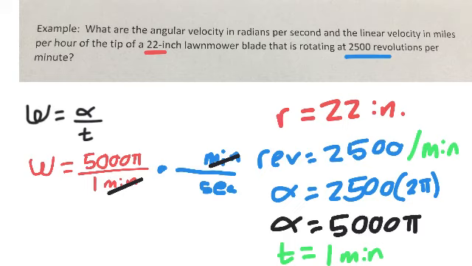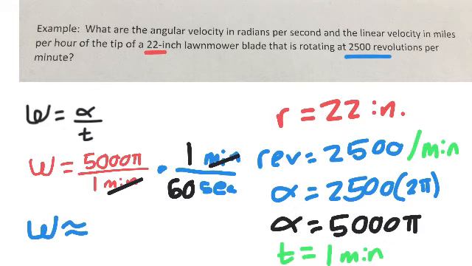Now we come up with our conversion rate. So in 1 minute, there are 60 seconds. So that's the numbers I'm plugging in. So I'm going to take 5,000 pi and divide it by 60. When I plug that in, again, I don't want to answer in exact terms of pi right now.